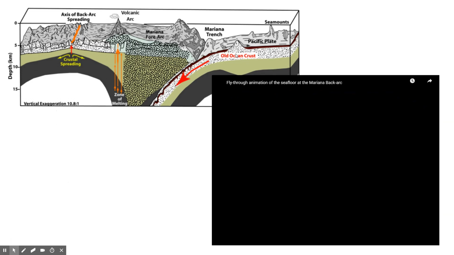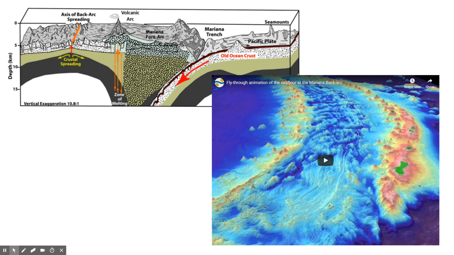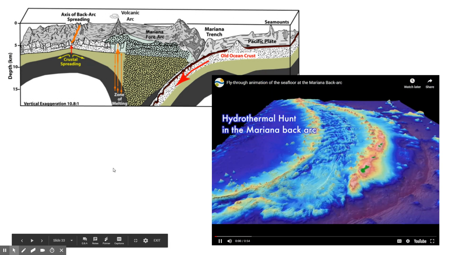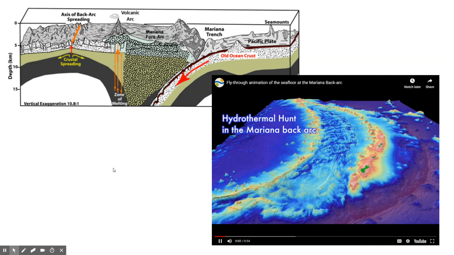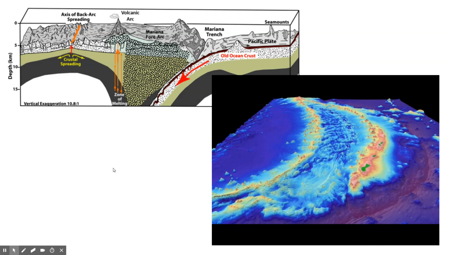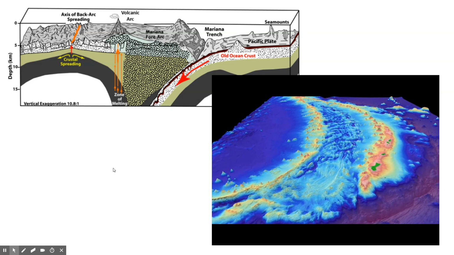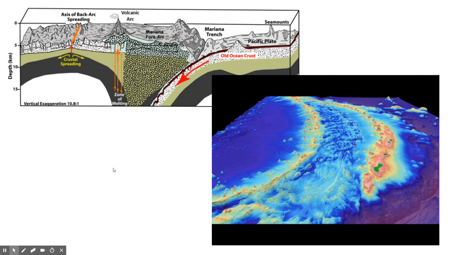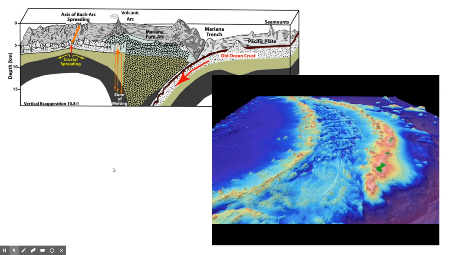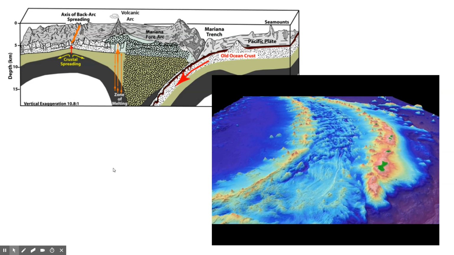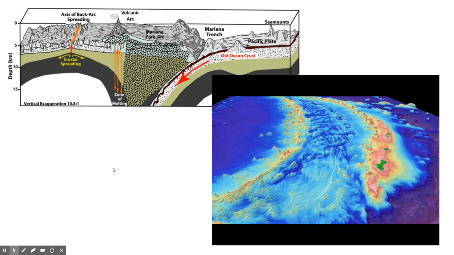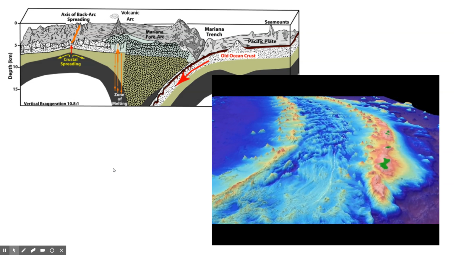All right, so here's another representation of the same thing. Essentially, we can watch a fly-through animation of the seafloor. This is what the seafloor around the Mariana region looks like. The deepest depths are the purples and blues. In the foreground on the right is the Mariana Trench, the deepest part, and the shallowest depths are yellows and reds, and green is above sea level, so those are islands.